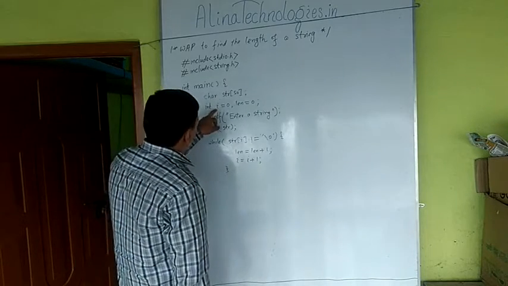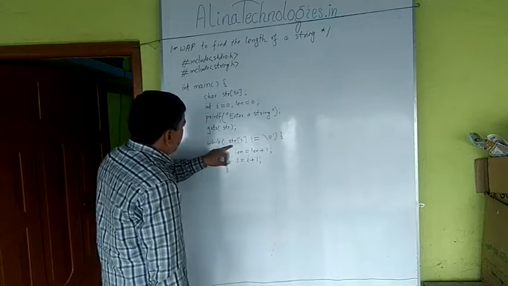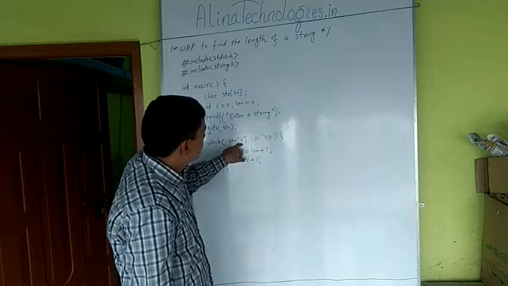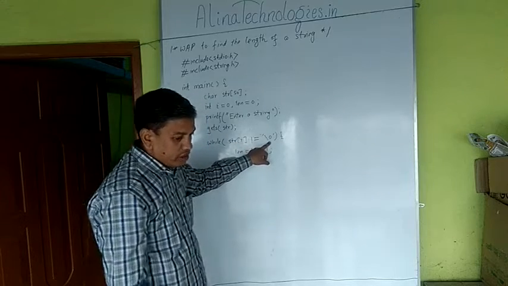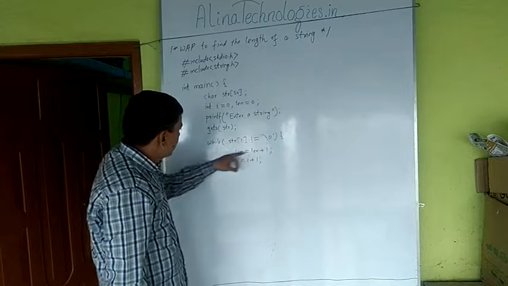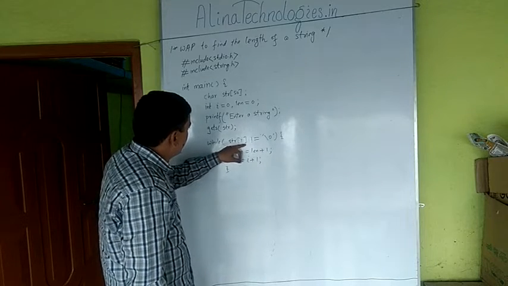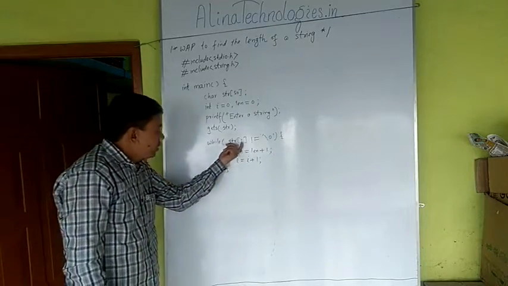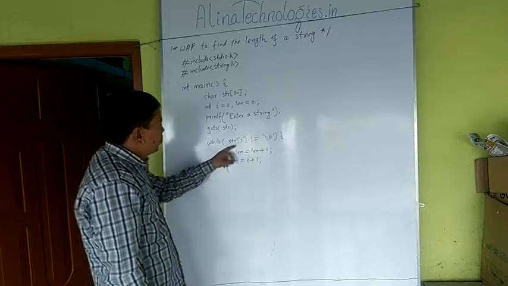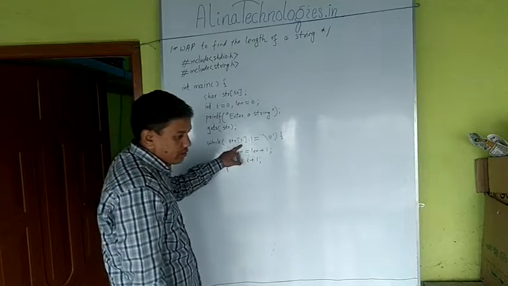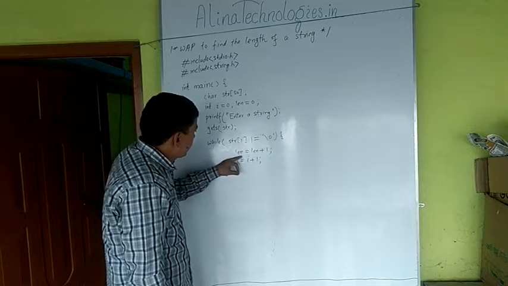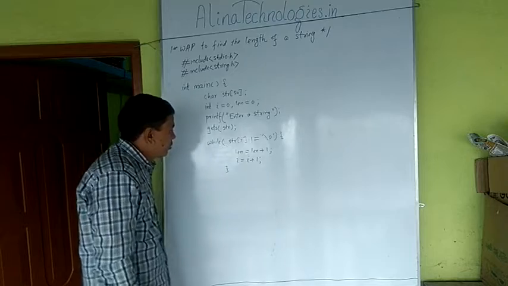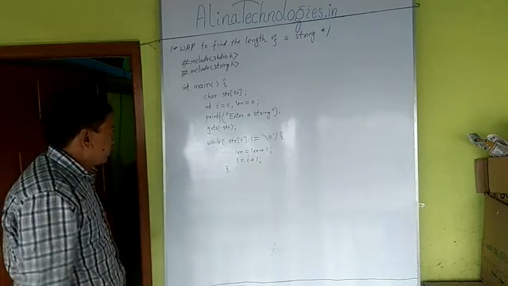So initially the value of i is 0, str of 0 location, index 0. If the value is not null, meaning any character is available in str at index 0, then len equal to len plus 1, and the index is also incremented, i equal to i plus 1, moving to the next index.